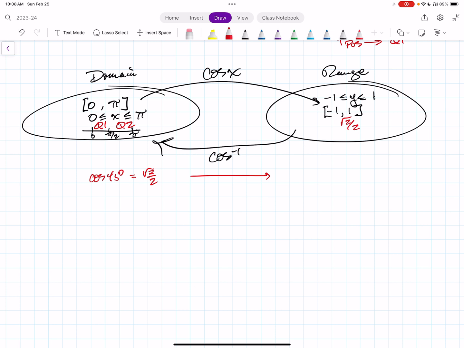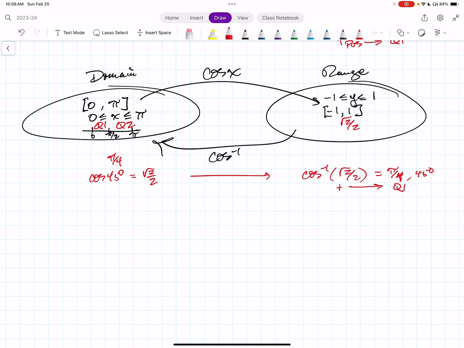And then let's say that we take the inverse cosine of it, the number rad 2 over 2. Well, that should take you right back to the angle where it came from, which is pi fourth, or you can say 45 degrees. And that's because it's positive. So if it's positive here, you respond with a quadrant 1 angle.